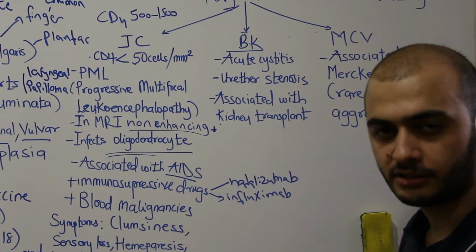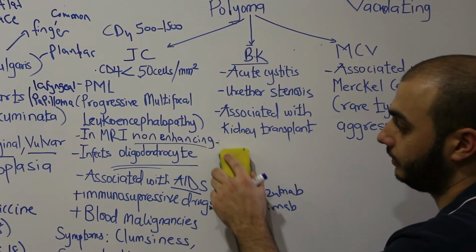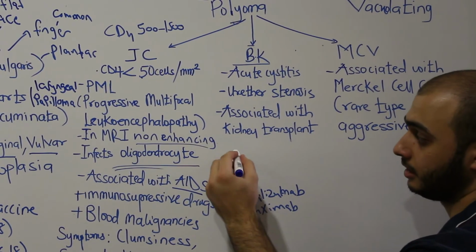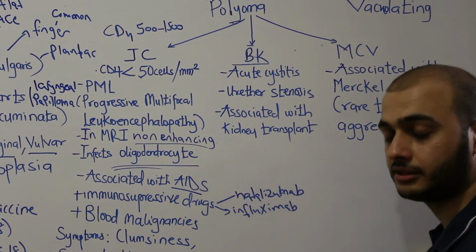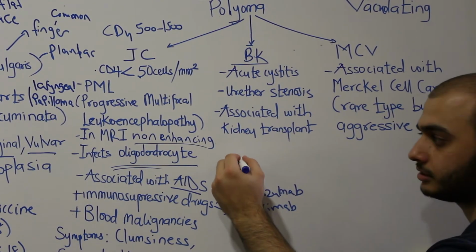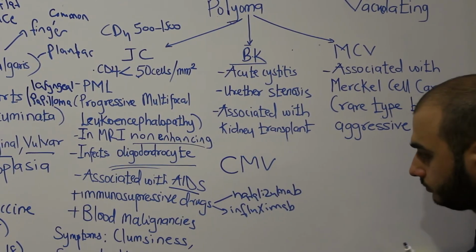So remember something from the previous videos, where we talked about another virus that is also associated with kidney transplant and causes kidney transplant rejection, same as here. So which virus is it? It is cytomegalovirus.